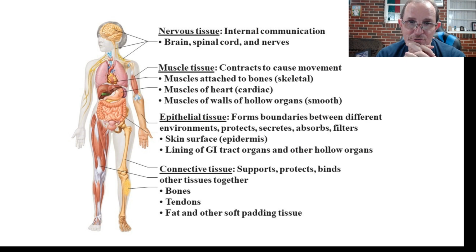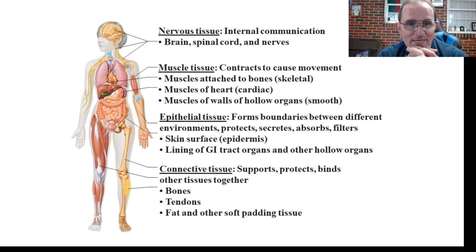And then we have epithelial tissue. Epithelial tissue, a lot of it is for covering. The skin is an epithelial tissue. We also use that for glands that make things, that make products: our sweat glands, our oil glands in our skin, mucus glands that produce the mucus that lines the GI tract.